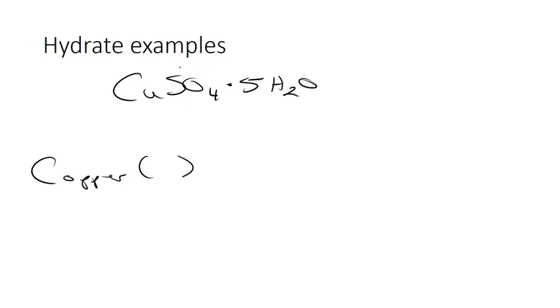SO4 is two elements, so this is a polyatomic ion. If you look on your polyatomic ion sheet, you'll find that this is sulfate. And then we look over here, 5H2O. You look at your prefixes: penta. H2O, hydrate.